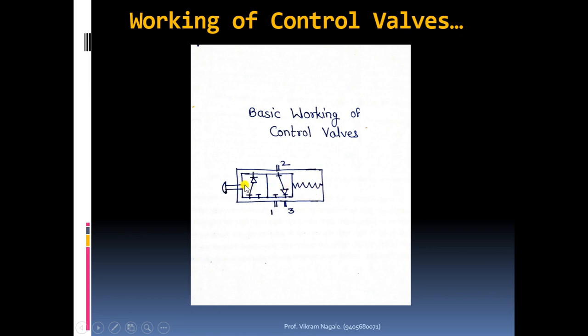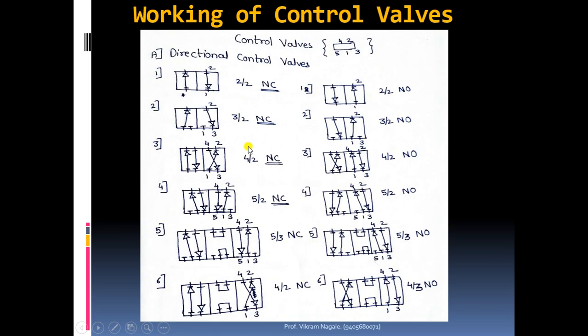Because when we press the push button, this spring is compressed, and whenever we release the push button, the spring will apply pressure from the left hand side and the block will come to the left hand side. In that case the ports in the right side block will coincide with the outer ports. Okay, so this is how each and every wall will work.